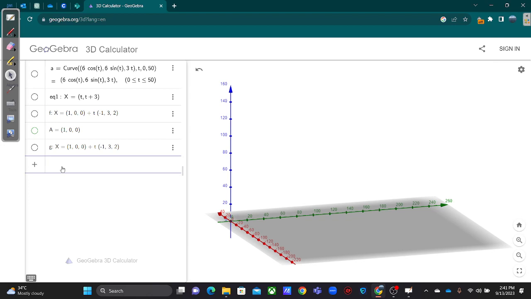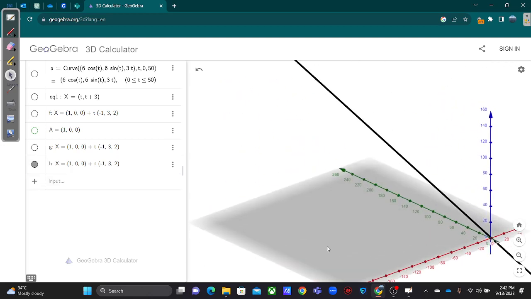So our x equal to what? 1 minus t, y was 3t, comma 2t. Look, this is our straight line, but it is in 3D form.